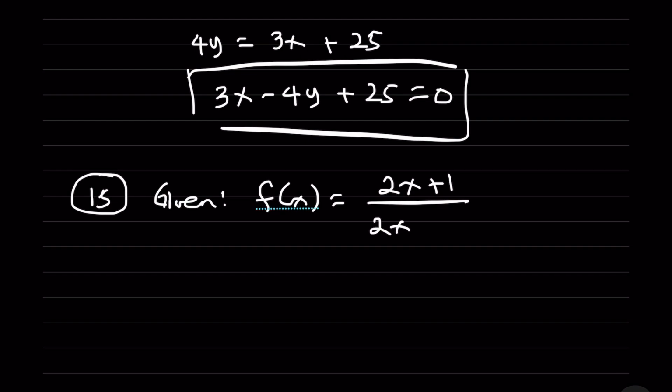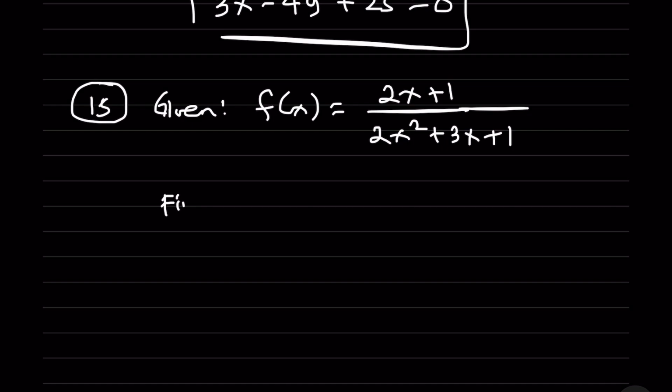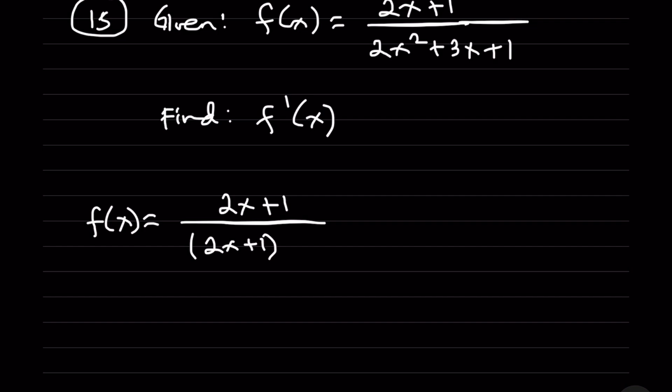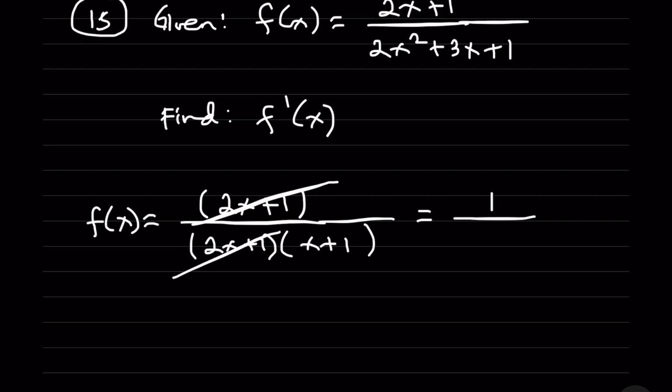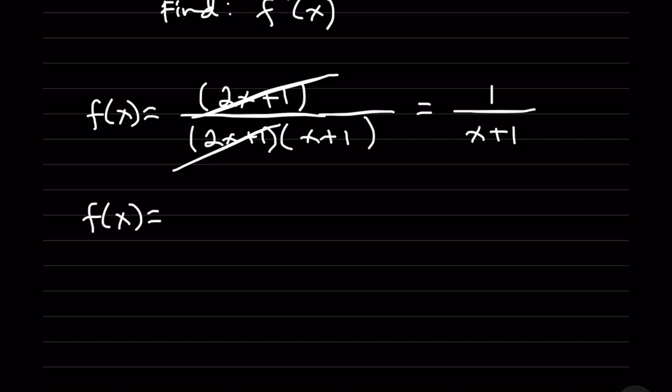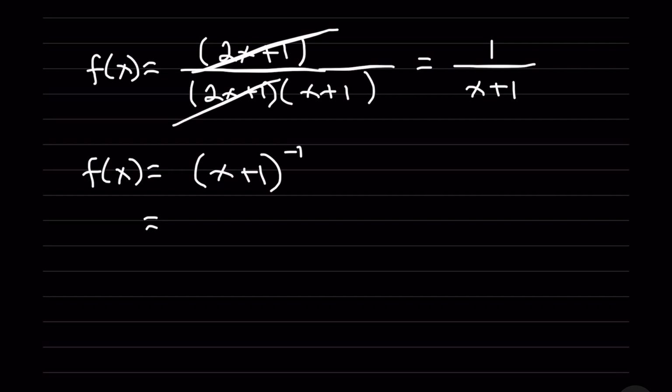Given f of x equal to 2x plus 1 divided by 2x squared plus 3x plus 1. Find the first derivative of f of x. So our approach is to first factor out the denominator so that we can write this in a simplified version, 1 over x plus 1.